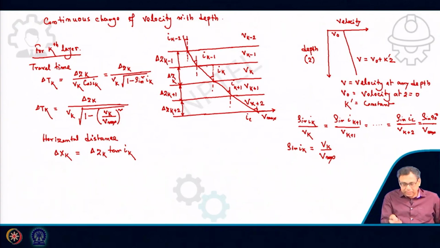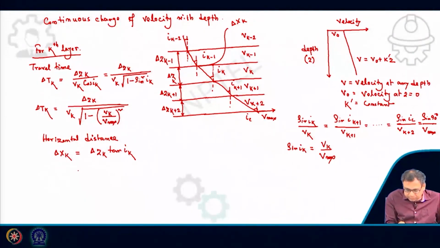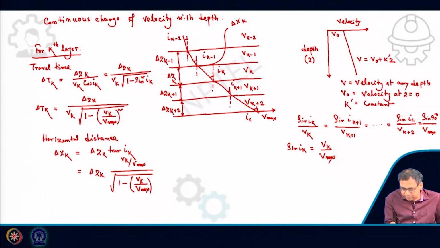So this will be del zk into tan Ik. This is del xk, the horizontal distance that it will travel. Now del zk, with sin Ik being Vk by Vmax and cos Ik being root over 1 minus Vk by Vmax whole square.